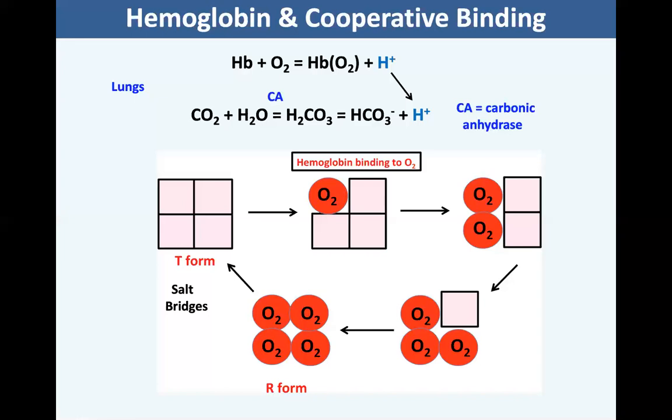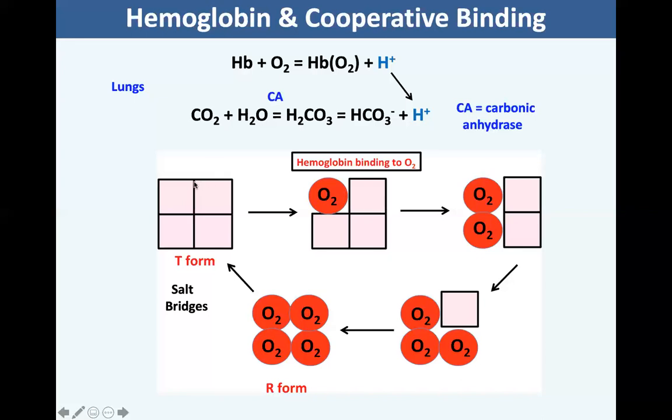And what happens is the proton binds the bicarbonate, you form carbonic acid, and there's an enzyme called carbonic anhydrase. And what that does is it can dissociate carbonic acid into H2O and CO2. That's the reverse reaction. The forward reaction is CO2 plus water. And remember, enzymes can go in either direction. Okay, so we got that.